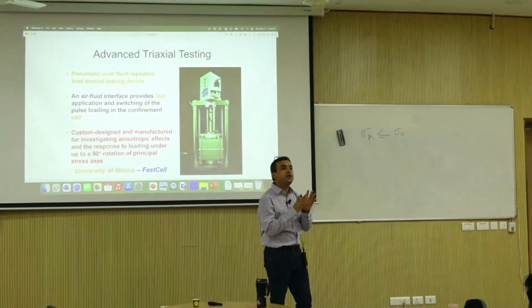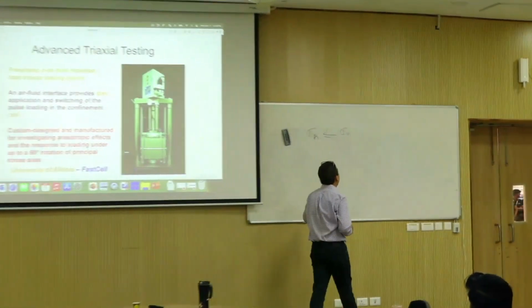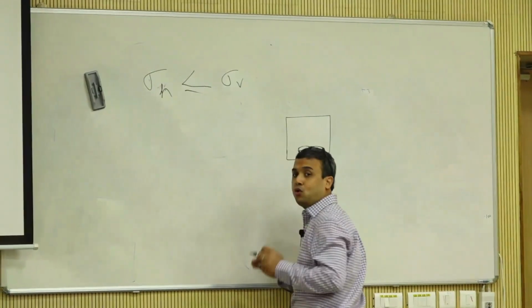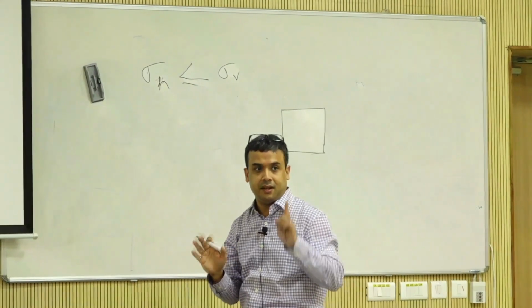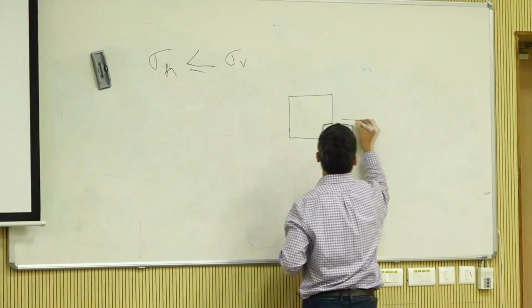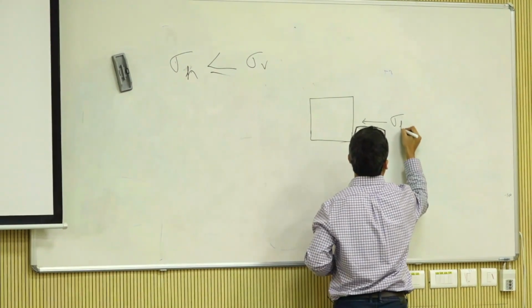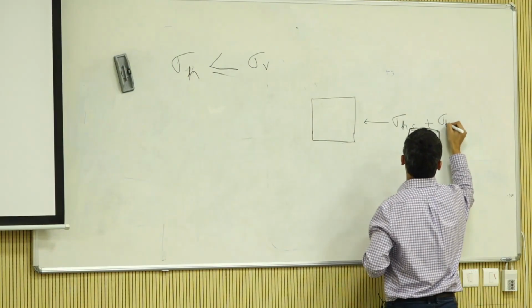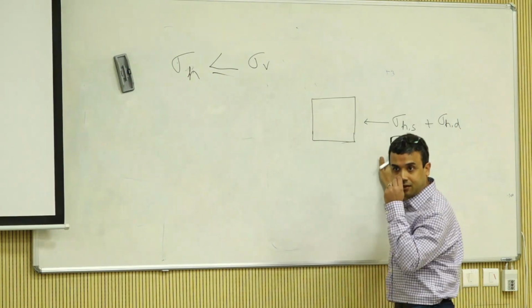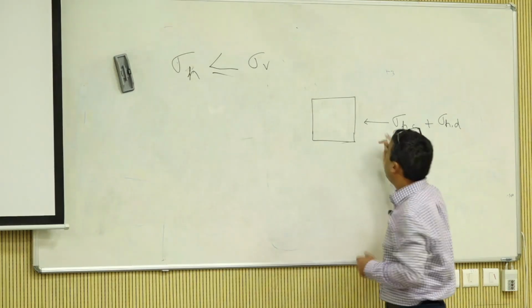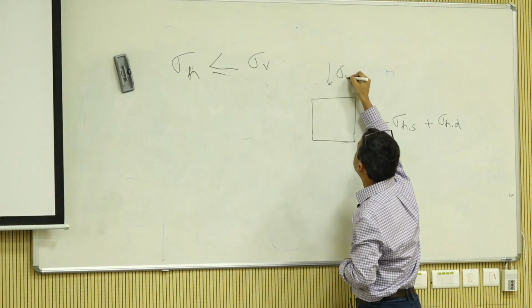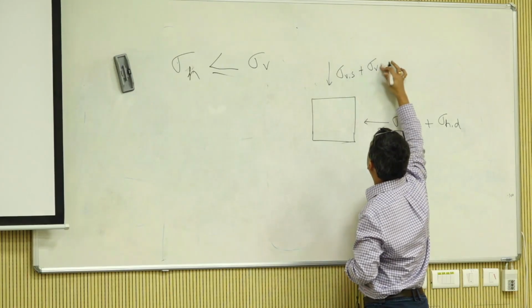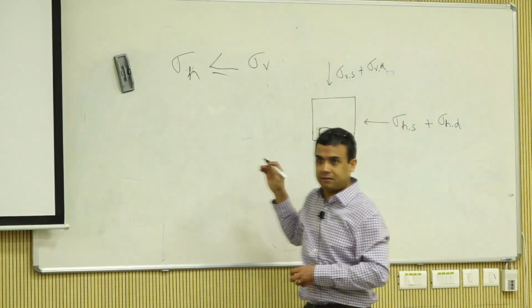Okay, and we are going to separate this now. So I'm going to draw the same sample now, but I'm going to separate these quantities. Here is what I'm going to say: sigma h comma static plus sigma h comma deviator, and this I'm going to call sigma v comma static plus sigma v comma deviator.